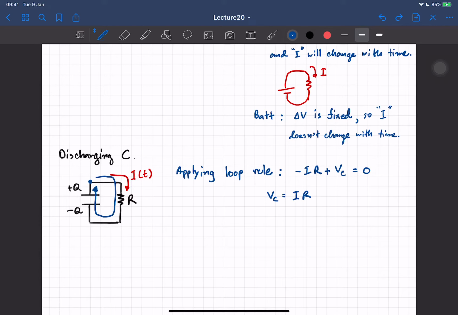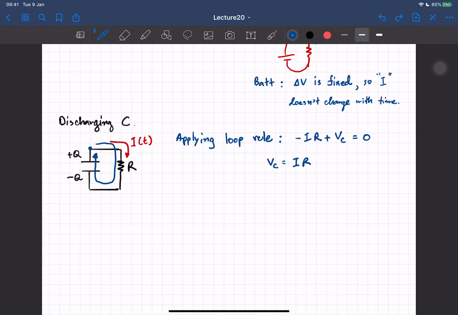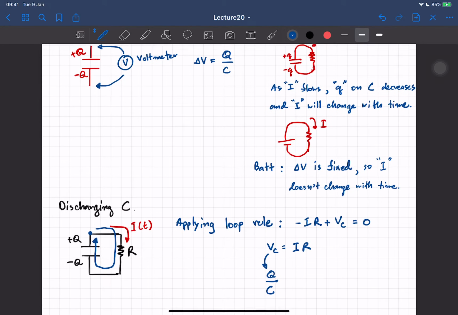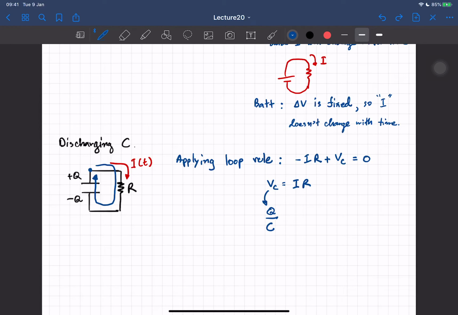Okay, so now let's do a little bit more to this equation. What can we do? Well, VC is the voltage across the capacitor, right? So obviously it's a function of how much charge you have on the capacitor. So I can replace this VC by Q divided by C, right? Using this equation here. That's actually the definition of the capacitor, so there's nothing to argue with.